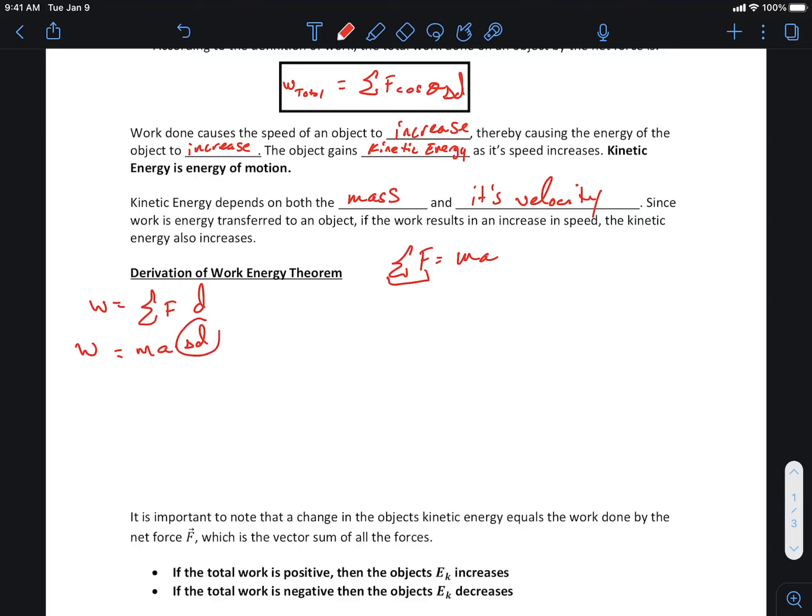But could there be another way that I write this delta D? Does anybody have any ideas? Could there be another way that we could write the displacement?